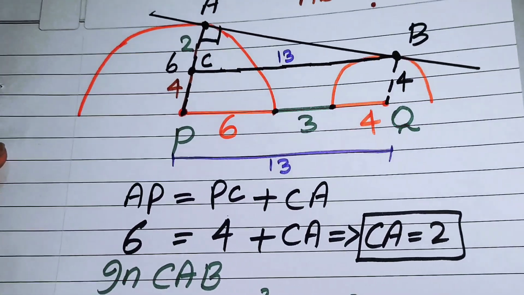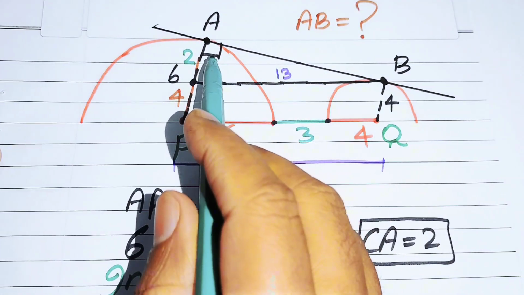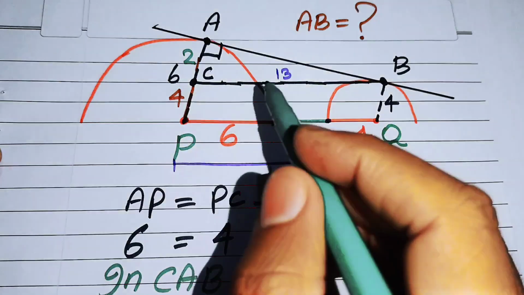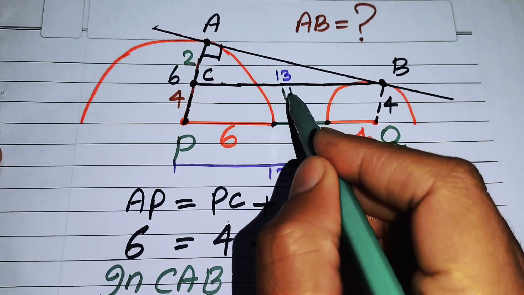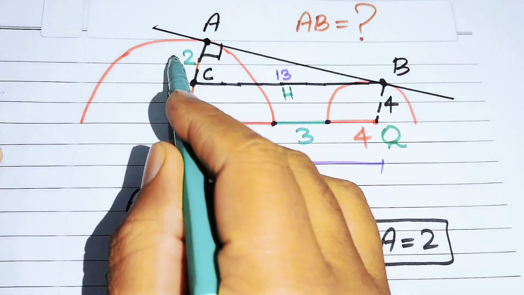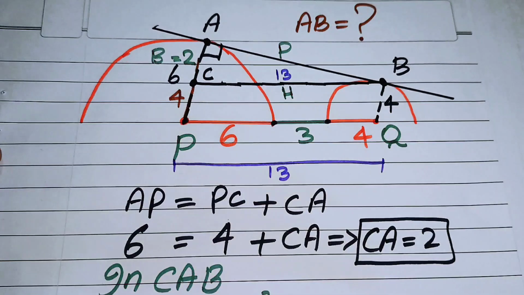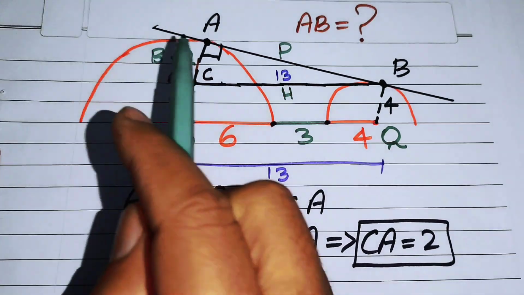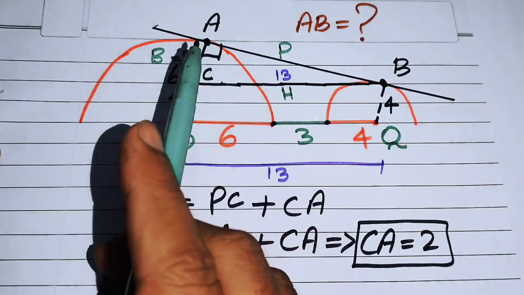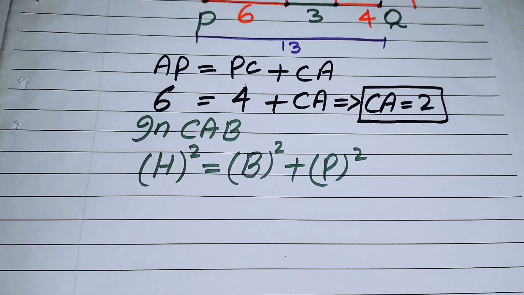In this diagram this angle is the right angle, so this distance becomes the hypotenuse, and we call this the base, and this the perpendicular. Because in this question we need to find the tangential distance, which is AB, now we move towards our final target.